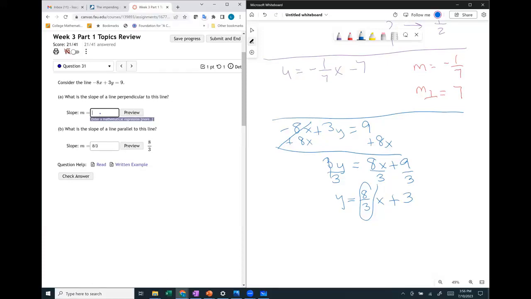My parallel slope is 8/3, and my perpendicular slope is the negative reciprocal. Remember, reciprocal means I just flip the fraction. And that is going to be my perpendicular slope.